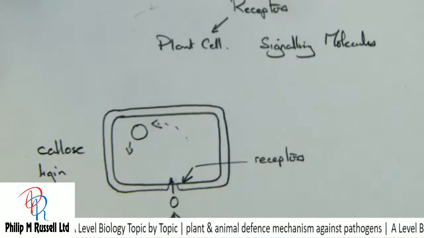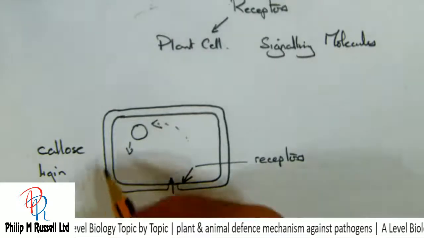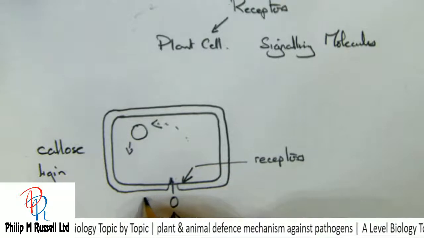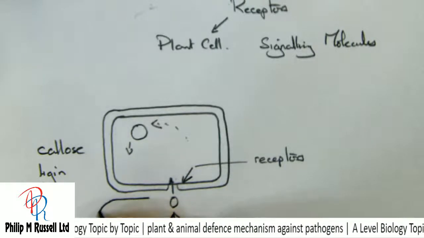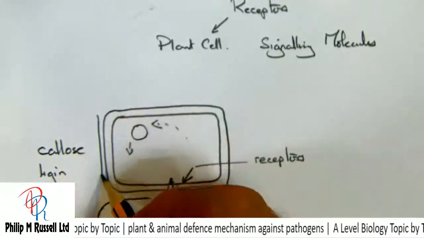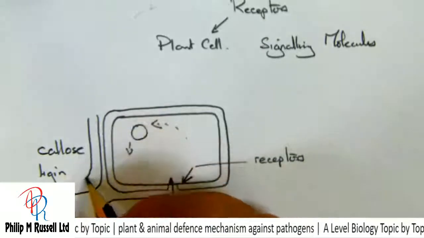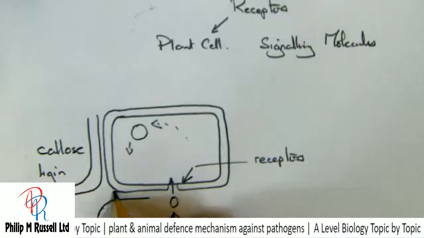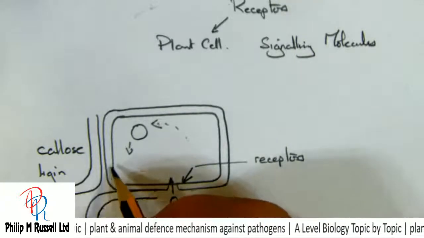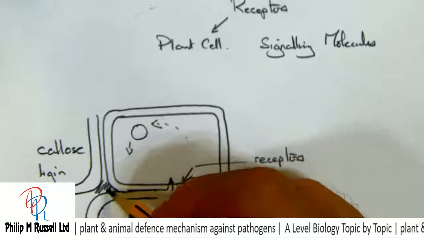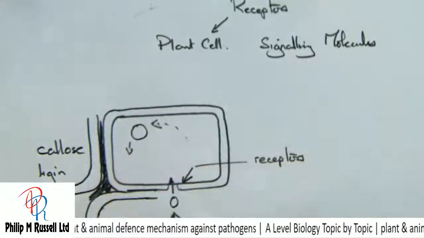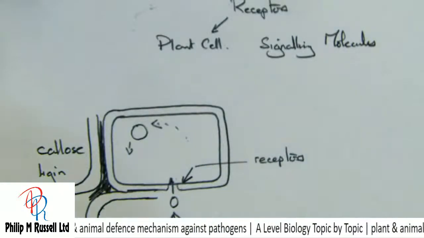Callose is synthesized and deposited between the cell walls. So if I draw this out as another cell coming along, then we've got something here. There's going to be another layer there going on. We've got something starting to fill up this, and that's callose doing that.